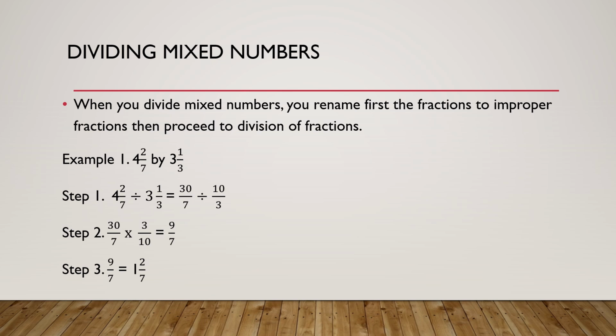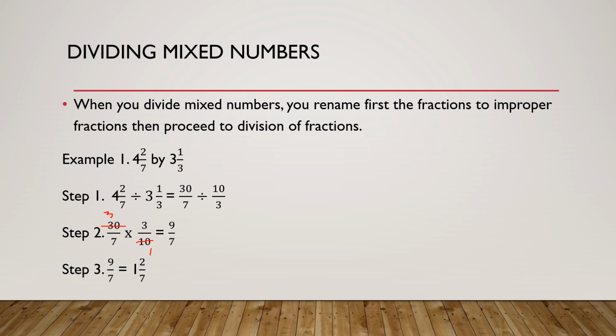For step 2, get the reciprocal of the second fraction. The reciprocal of 10 over 3 is 3 over 10. We can use the cancellation method here. So 30 divided by 10 is 3. That's why 3 times 3 is 9, 7 times 1 is 7.